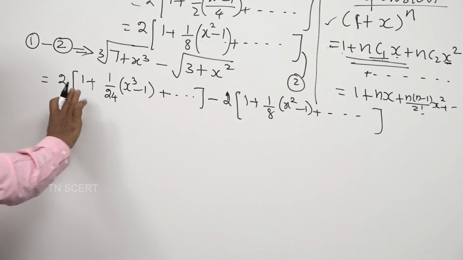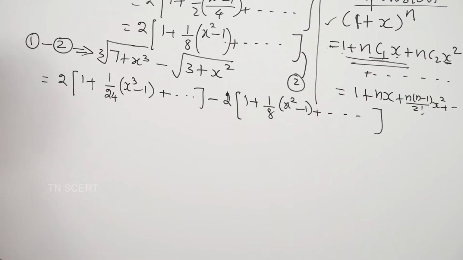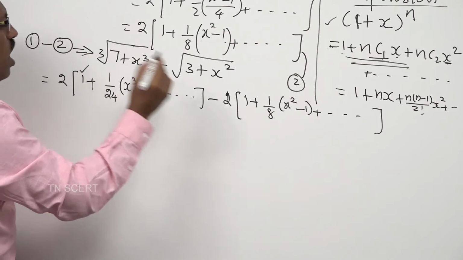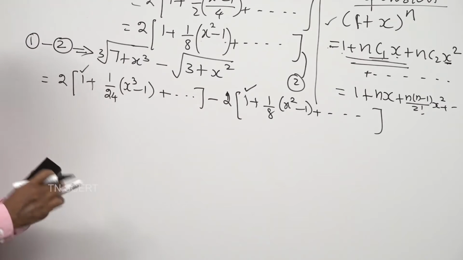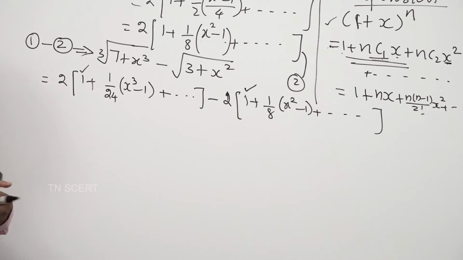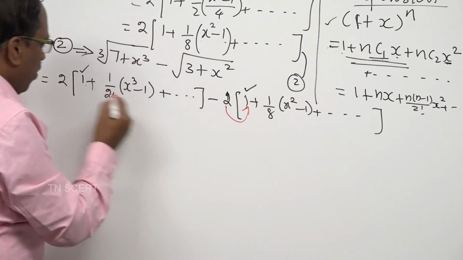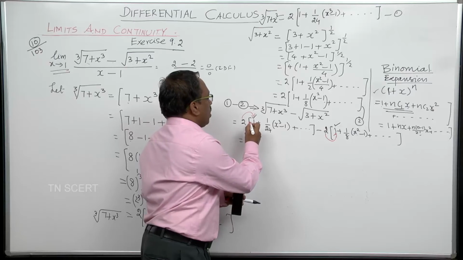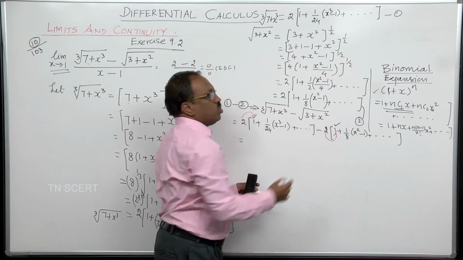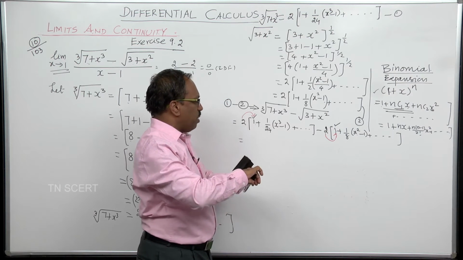Dear students, by way of subtracting like this, can we have anything? Yes, this and this getting cancelled. In what way? This also 2 into 1, this also 2 into 1. Remember that. So here 2 and here also 2. What we can do, just multiply here.